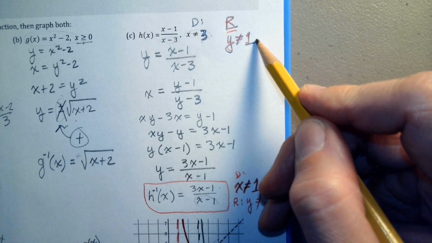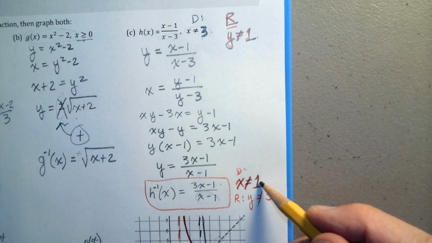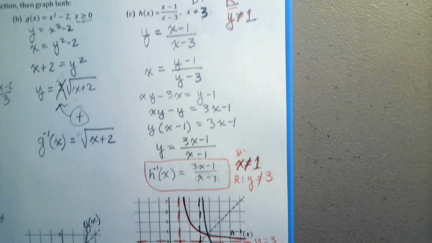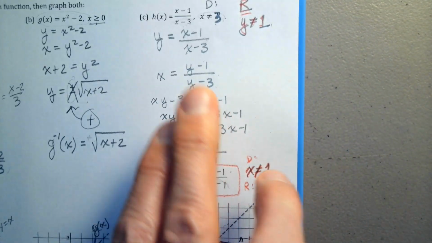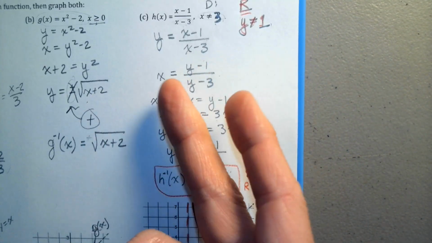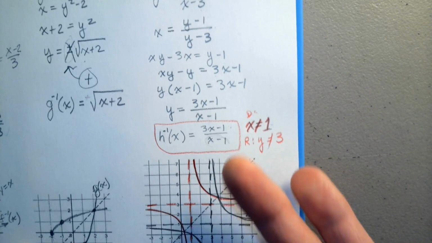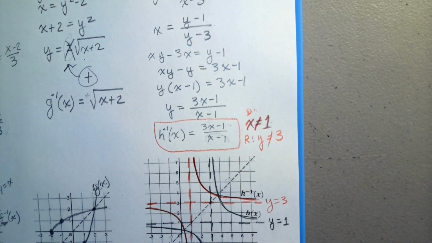The range, y cannot equal 1, became the domain in the inverse. Okay? Because the x and the y are flopped, the domains and the ranges, which are the x's and the y's, flop as well.